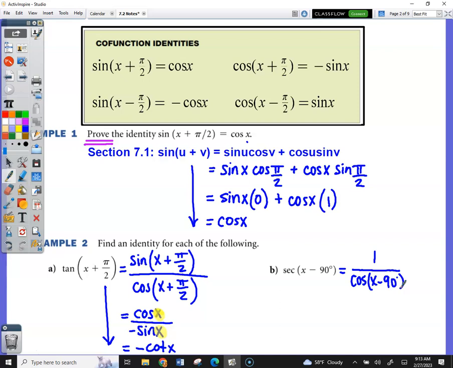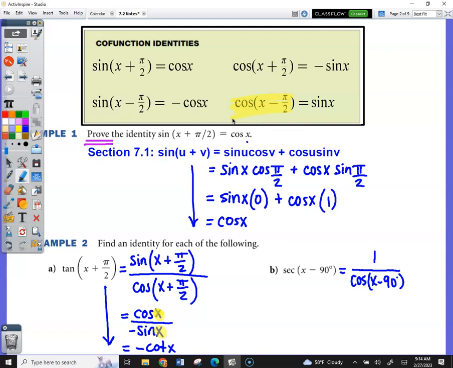We have a cosine of an angle minus 90, it's the same thing. Remember the radian value for 90 degrees, due north. Be familiar with that so that you don't look at this and think to yourself, well, I don't have that formula. You actually do. It's right here, right?